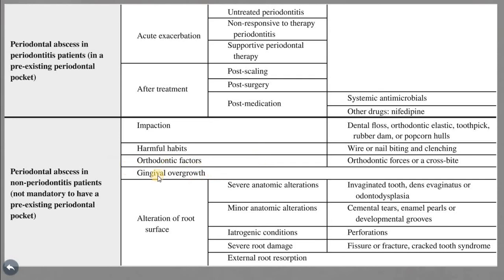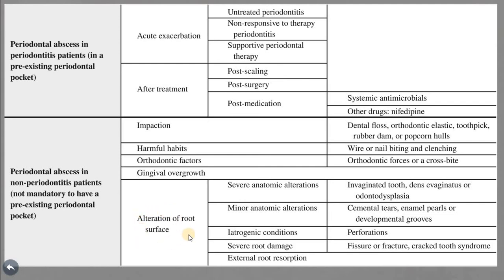Gingival overgrowth from any cause other than periodontal disease may harbor more bacteria and make oral hygiene measures and removal of plaque more difficult, and subsequently lead to formation of an abscess.